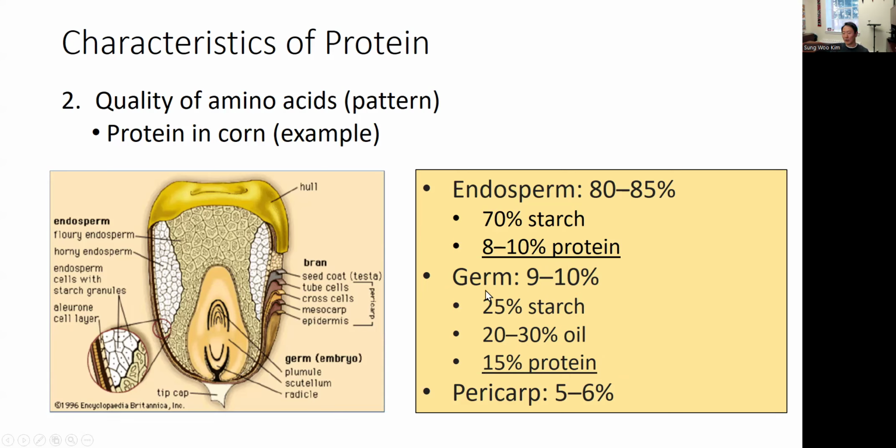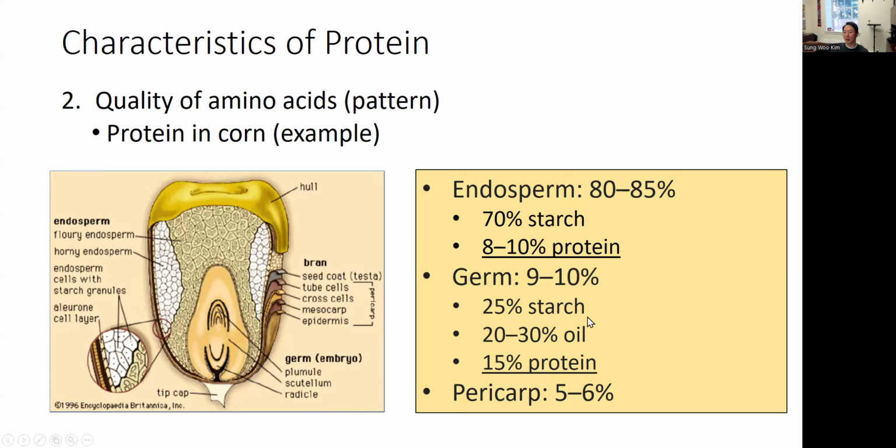So depending on which part of corn we are looking at, there are different types of protein, with different amounts of protein contributed. Pericarp, the cover, is about 5% of corn.